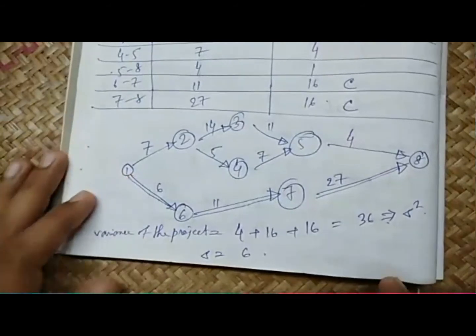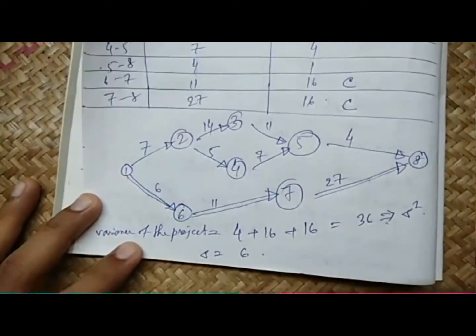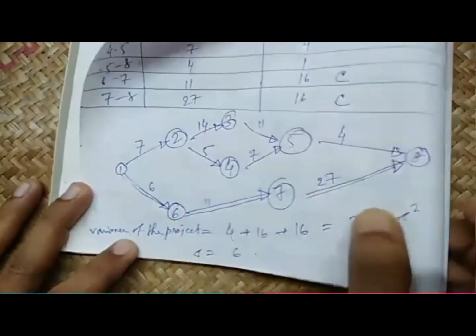So in our project we have found the variance is 36 and the standard deviation is 6. Now here is another, more direct and shorter way, which we discussed in the last class, so that you can find the probability value directly from the standard normal table.